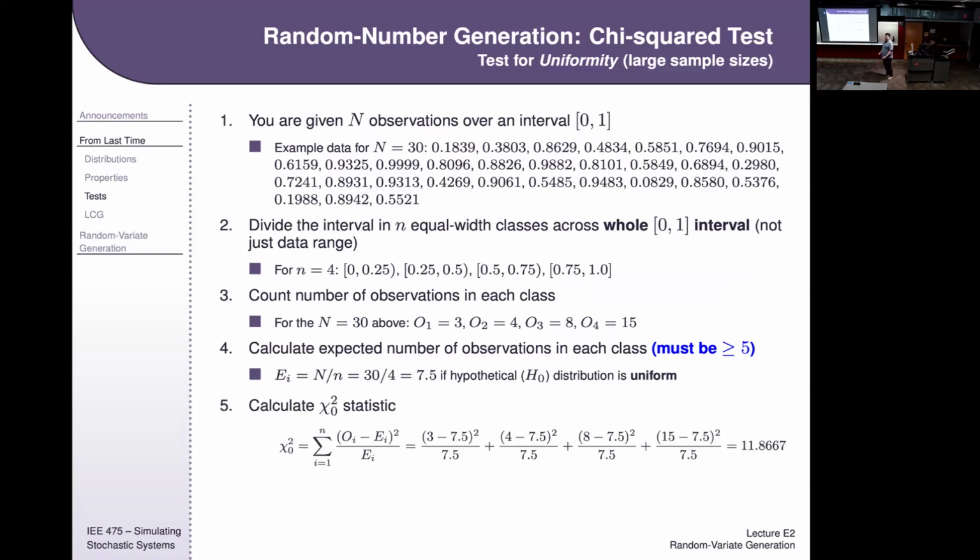So we calculate a test statistic, which calculates an error for every bin. In this bin, we expected 7.5, we got 3. So we're going to square that error, and then you can think of this as normalizing. After the midterm, we're going to talk about where this formula comes from. It's not arbitrary. It's not a heuristic. It wasn't just made up.